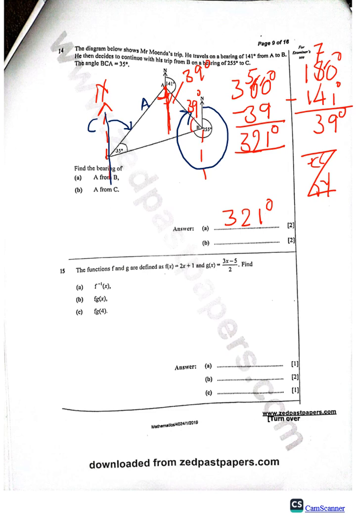So for us to find this angle, we can just subtract 255 from 360. So let's get 360 degrees minus 255.